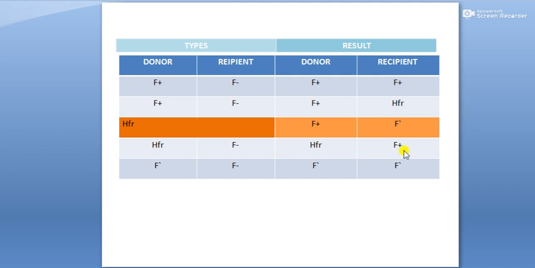Sometimes those F prime cells and F minus cells are conjugated to each other. In that case, F primes remain F primes, or there is a possibility that F minus is converted into F prime. So that's all the types of conjugations and their results, shortly.